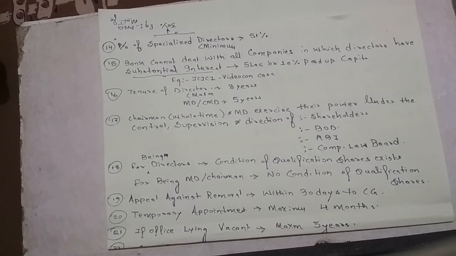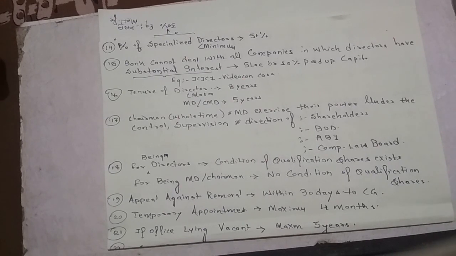Appeal against removal is within 30 days to the central government. If a CMD gets removed, like Chanda Kochhar, she could have appealed to the central government, but as the central government and the RBI have put her off from the company, she can't have any say, because she might be guilty.